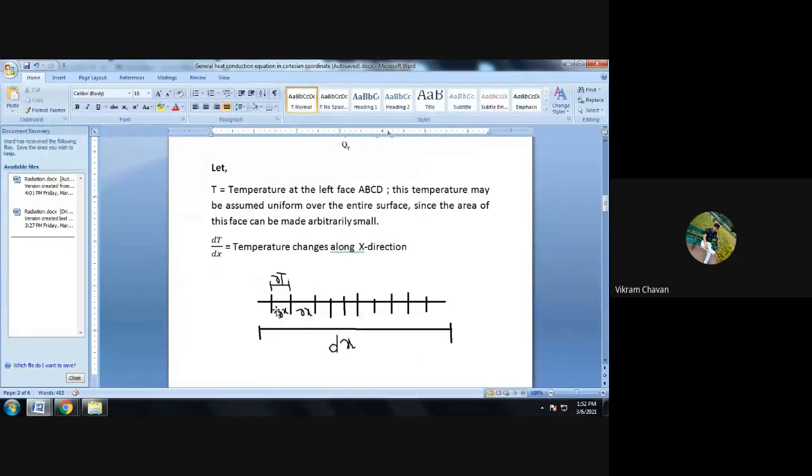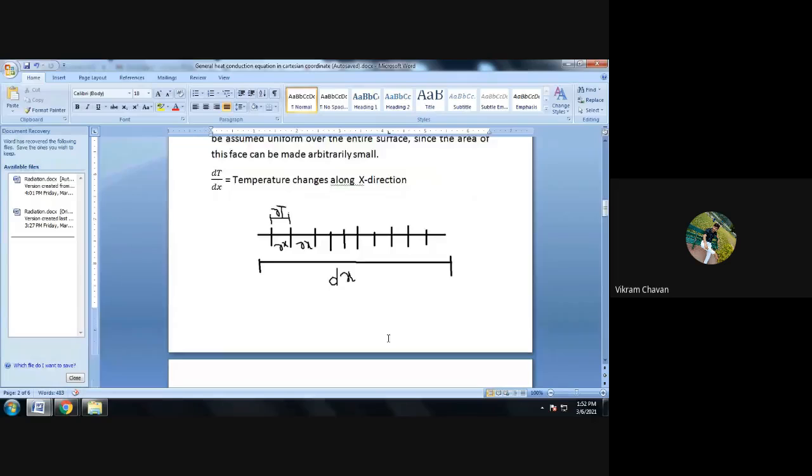For understanding purposes you can draw a small figure: the total length of this particular line is dx, and we have divided it further into small elements, whose small element length is dx, and the temperature change in between that particular element is dT, a small temperature change. Okay, so a simple diagram you can show here.